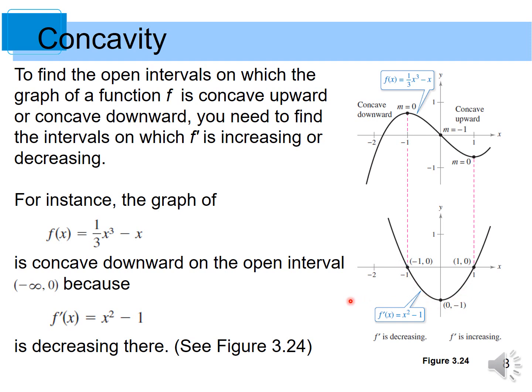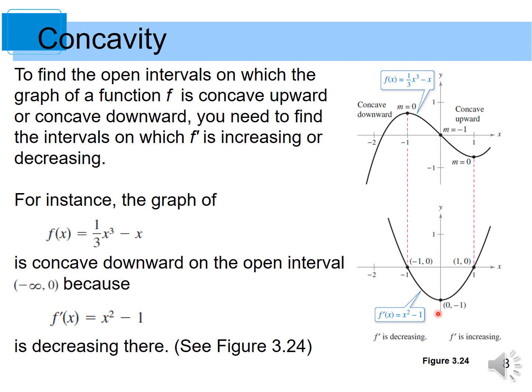From negative infinity to 0, the slope is decreasing, so the original graph is concave downward on this part.